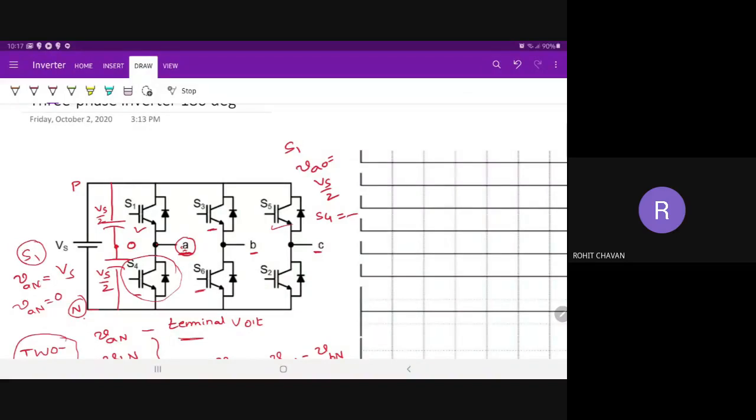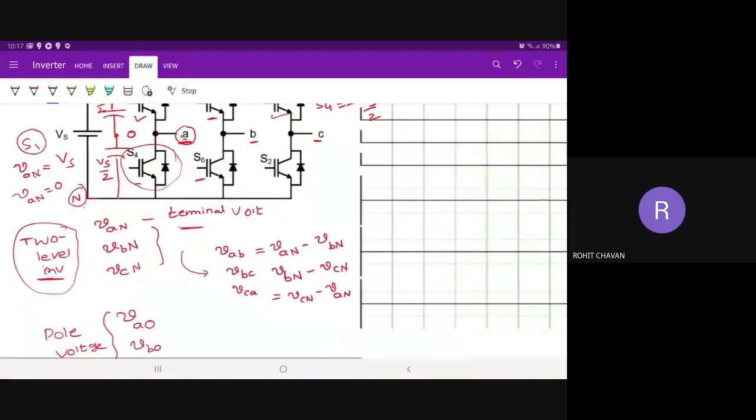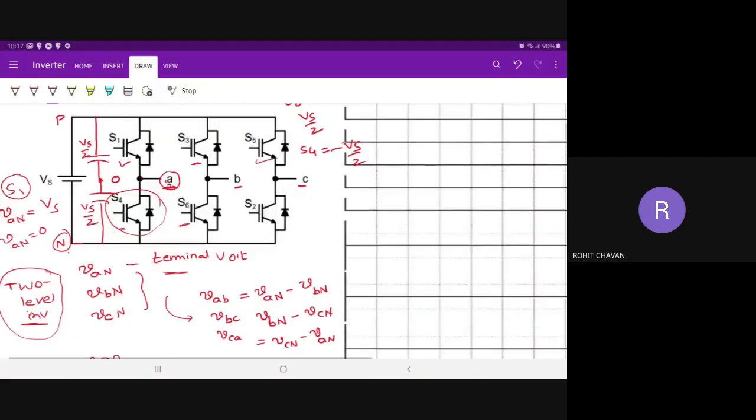So again you have two levels: either plus Vs by 2 or minus Vs by 2. That's why it is known as a two-level inverter. Clear?